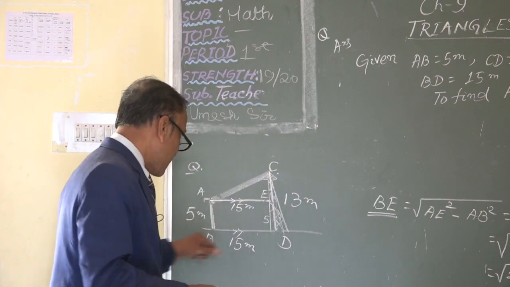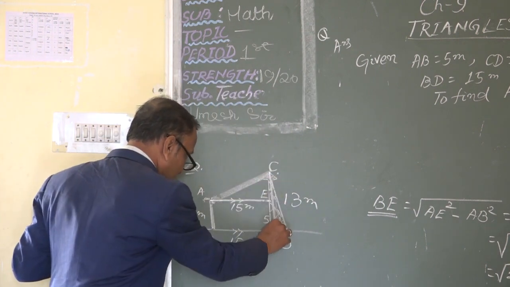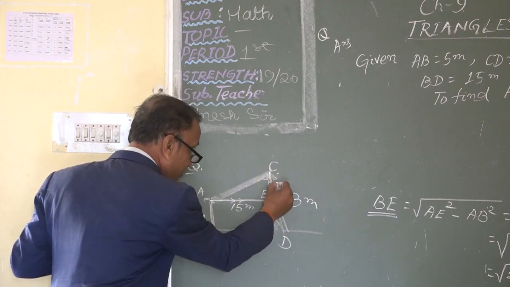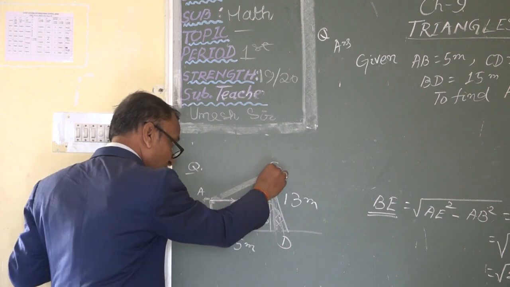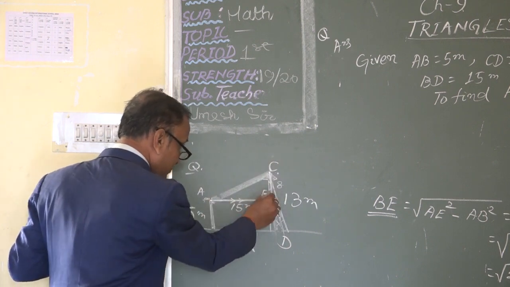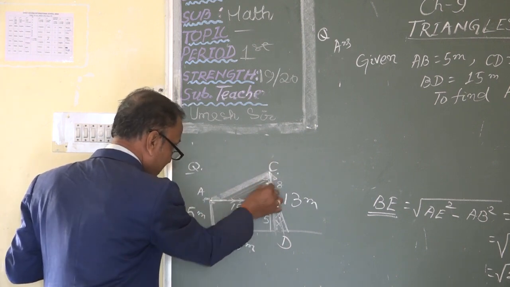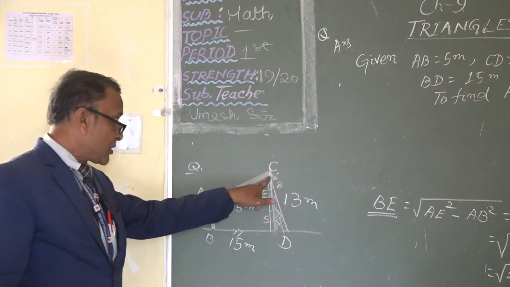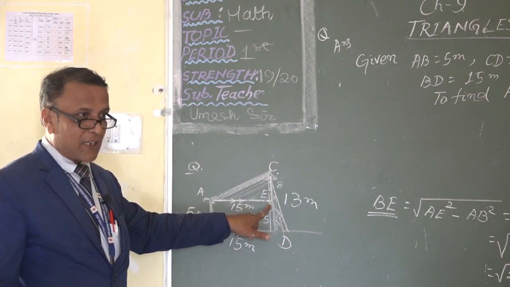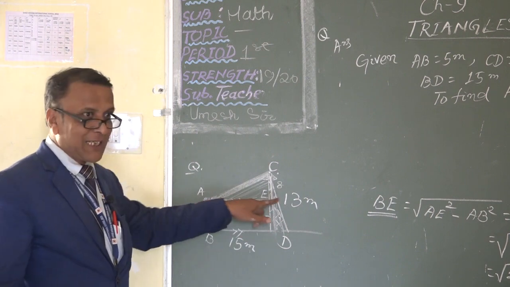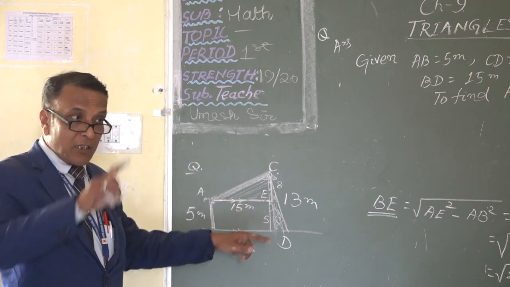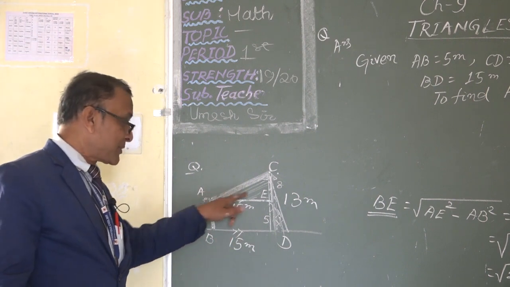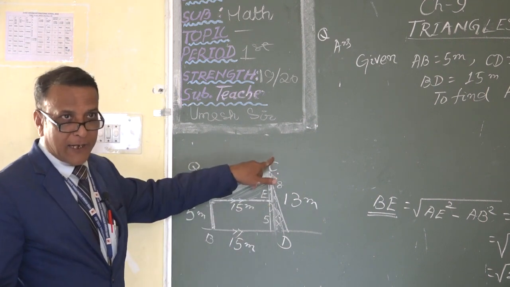So 13 minus 5. This is total is 13. This is 5 means this is 5. So subtract it. 13 minus 5, that is equal to 8. So this is your here to here 8, here to here 15. Now in this triangle you can find AC. AC is equal to square root of 8 square plus 15 square, because ये hypotenuse में है.